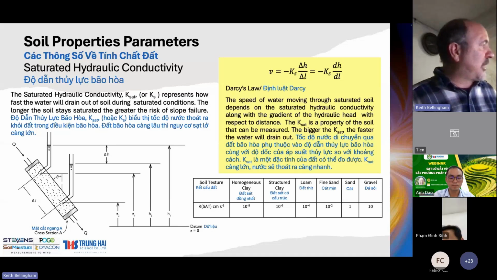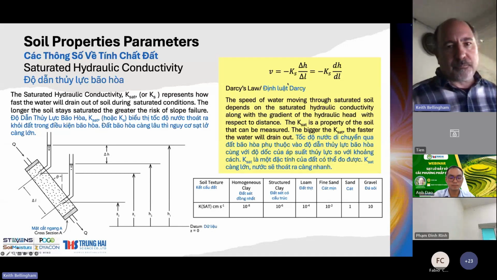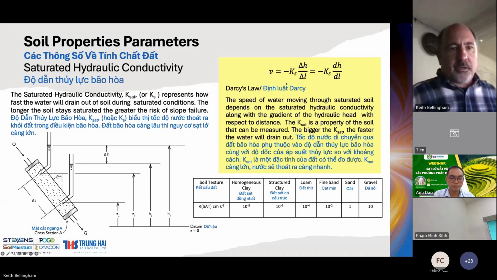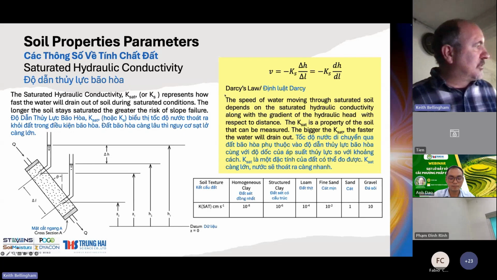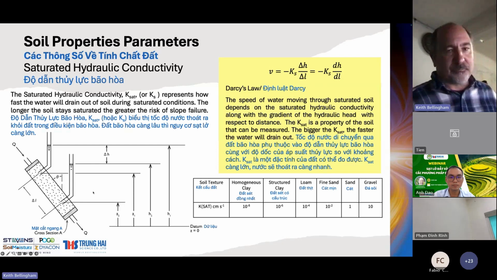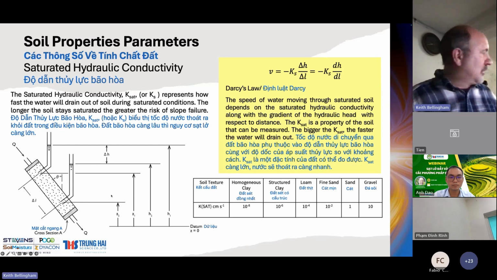But the saturated hydraulic conductivity comes from Darcy's law. And Darcy's law right here is the velocity of the water equals the hydraulic conductivity times the gradient of the hydraulic head to the distance that's separated. And right here I have a diagram explaining Darcy's law.